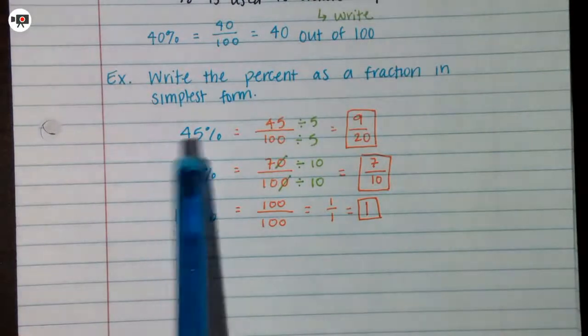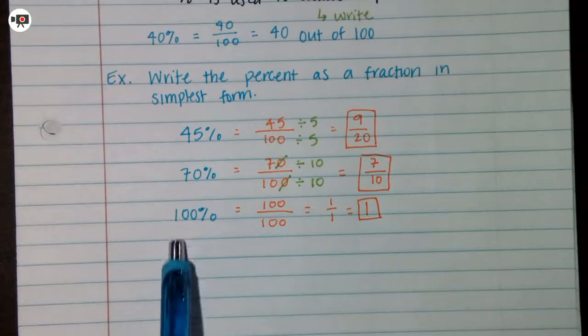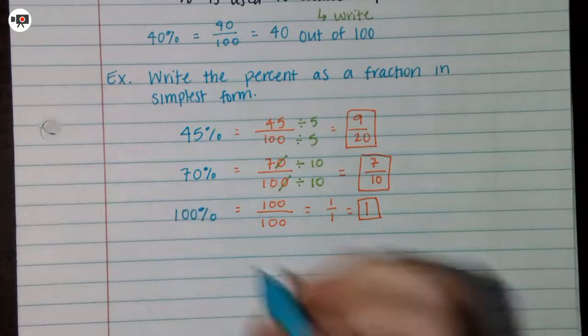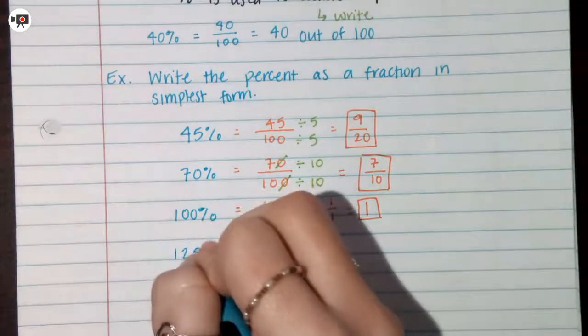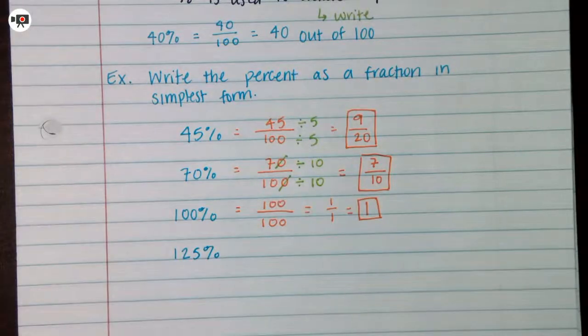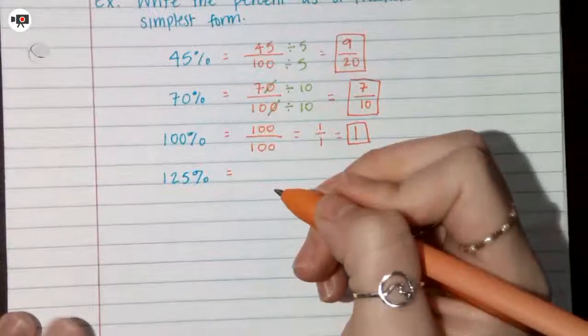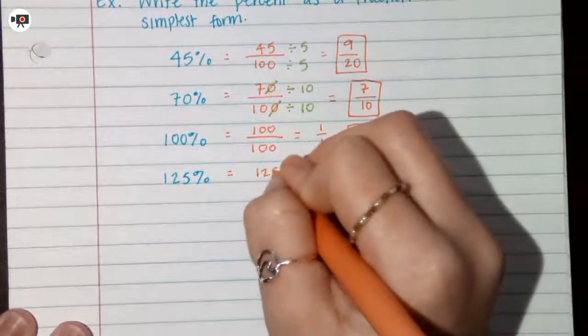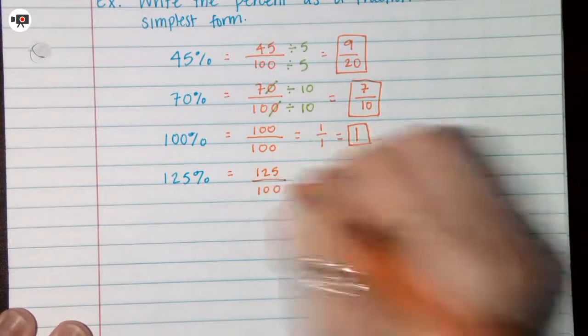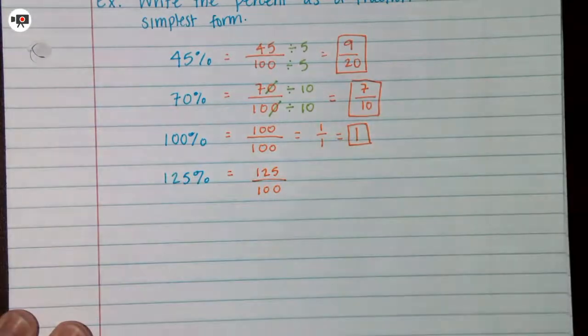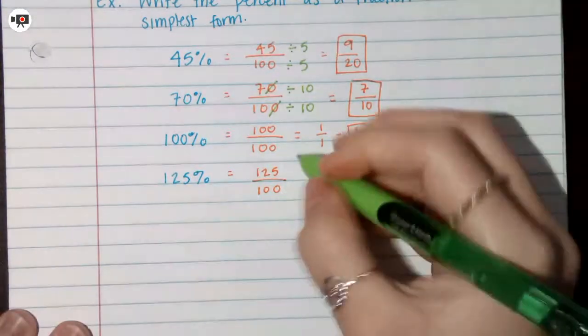So I could have percents that are less than 100, percents that are 100, and I can have percents that are over 100. So if I have 125%, that's going to be 125 over 100. I can divide each of these by 5.